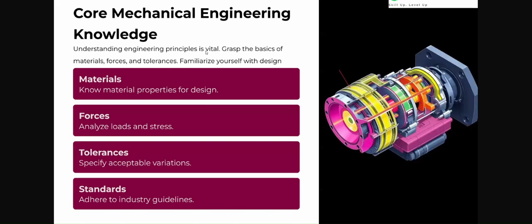So here you can see there are four terms which I have highlighted, but there are plenty more which you can learn, right? For example, material, which I told you in the previous slide, and forces, like for analyzing loads and stress, the simulation part which I have told you. Tolerances, because tolerance is the main thing. As a designer, you should be very accurate in that, because when you are designing any product, it depends on the manufacturing operation by which you are going to manufacture it.